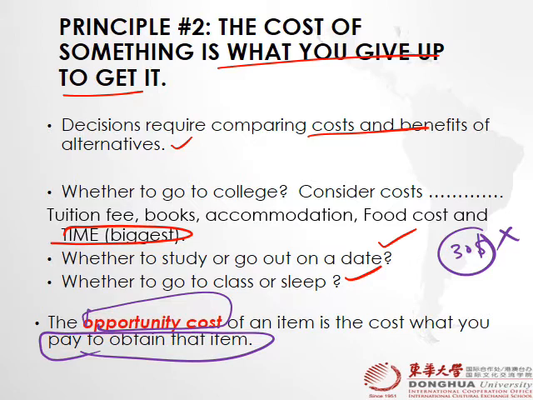For example, your sleeping cost, which is hard to measure, let's say is $40, and you are comparing the costs. And for example, the class is $100 per class. So you pay for the class and you forgo this sleep. That means this sleep is your opportunity cost, right?